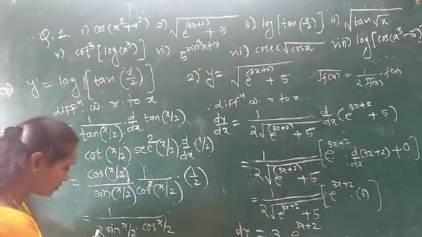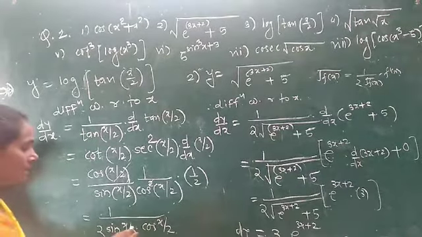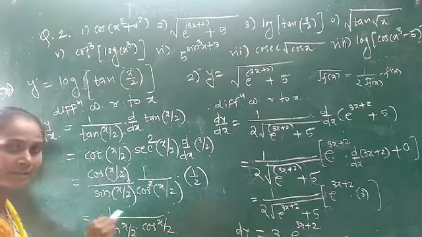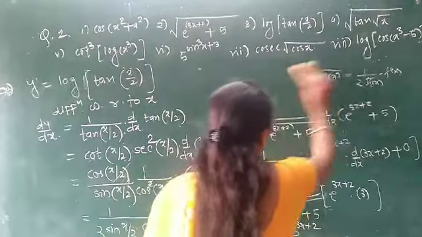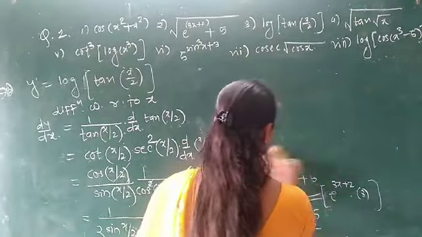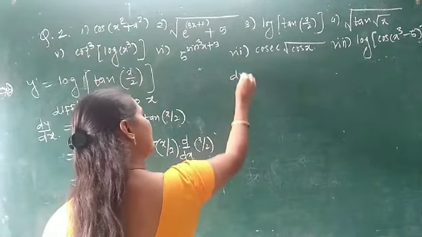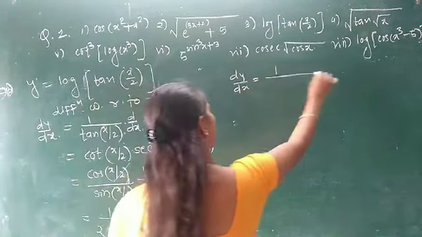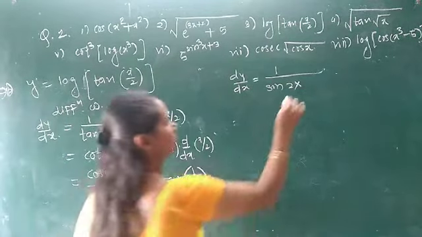Now it becomes 2 sin theta into cos theta. That is the formula of sin 2 theta. What is sin 2 theta? 2 sin theta into cos theta. Therefore, dy upon dx is equal to 1 upon sin 2 theta, and the value of theta is x upon 2.